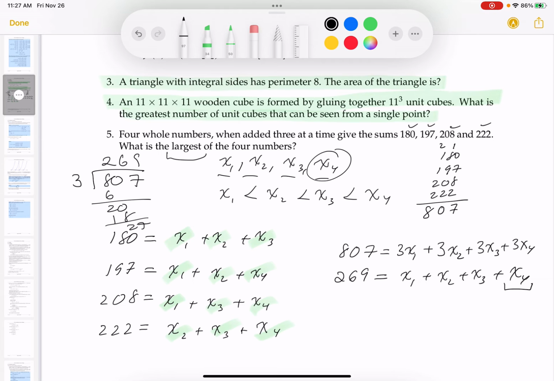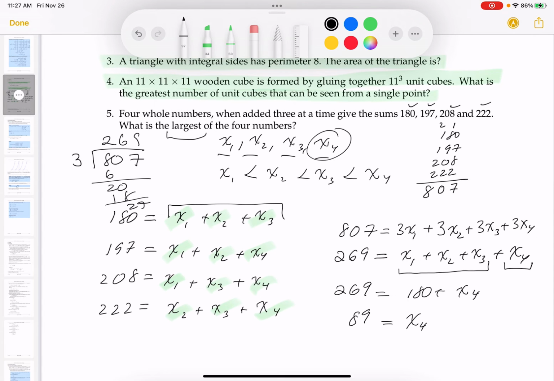Now the question is, do I know what x1 plus x2 plus x3 is? And I do. It's 180. Let's write this down. 269 equals 180 plus x4. And what's that going to give you? Let's see. 89, right? So the largest number would be 89.